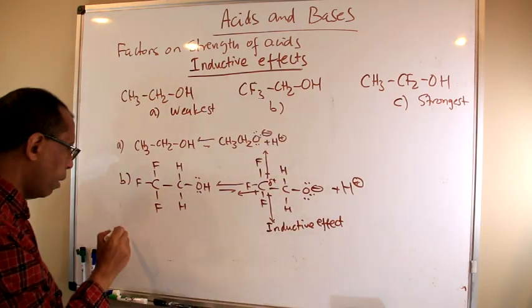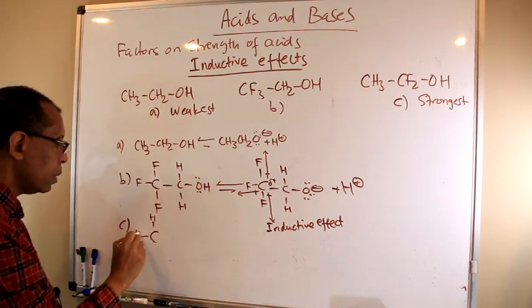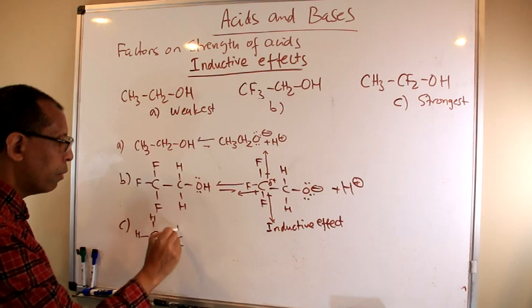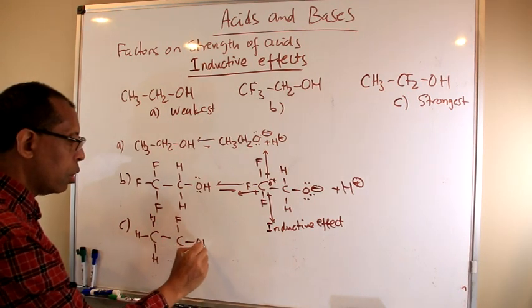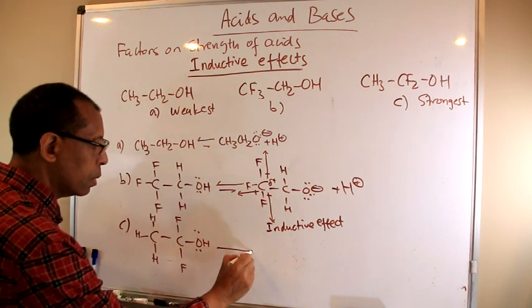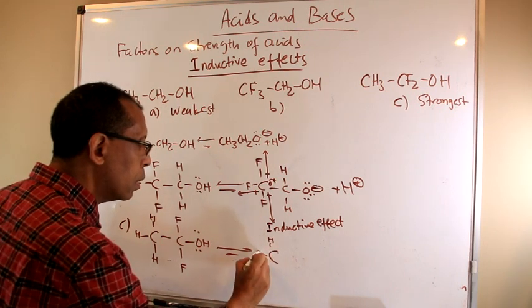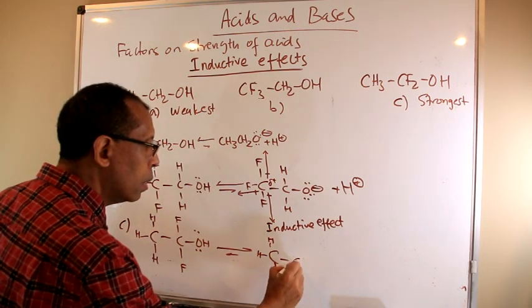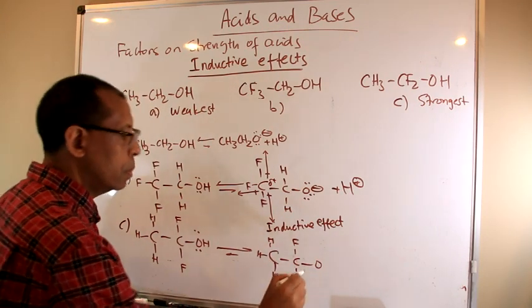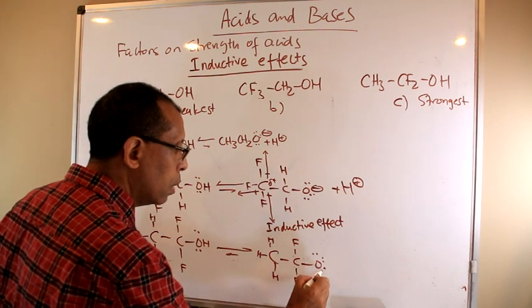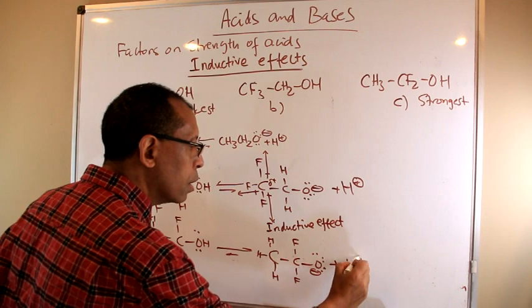If you look at compound C, you have CH3, but the fluorines are on the next carbon, OH. This is how it looks.